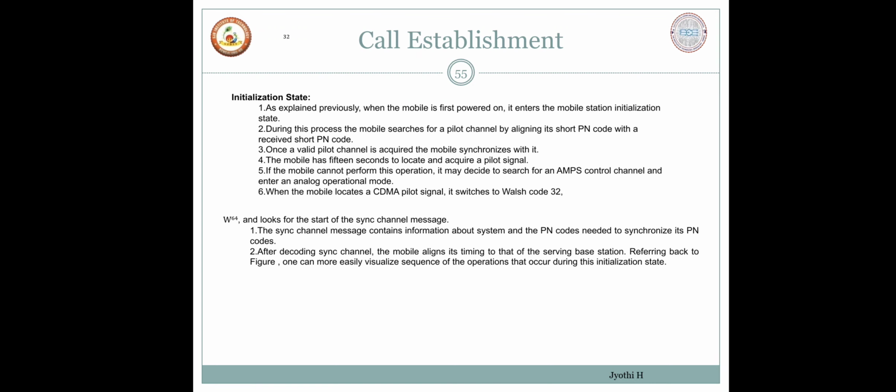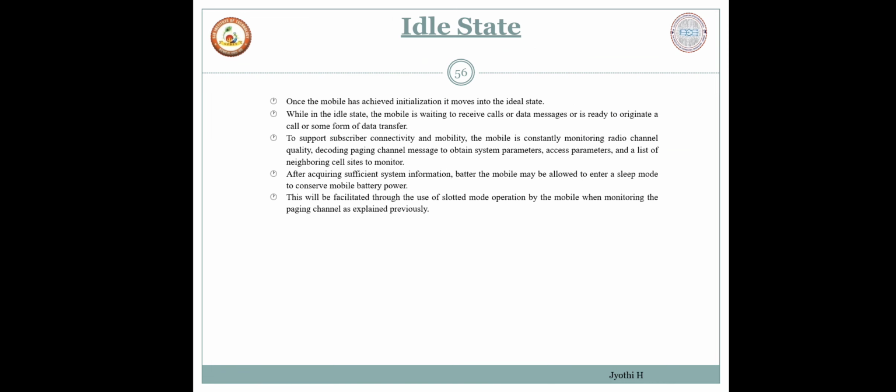The sync channel message contains information about the system and the PN code needed for synchronization. After decoding the sync channel, the mobile aligns its timing to the serving base station. Referring back to the figure, one can more easily visualize the sequence of operations that occur during the initialization state.